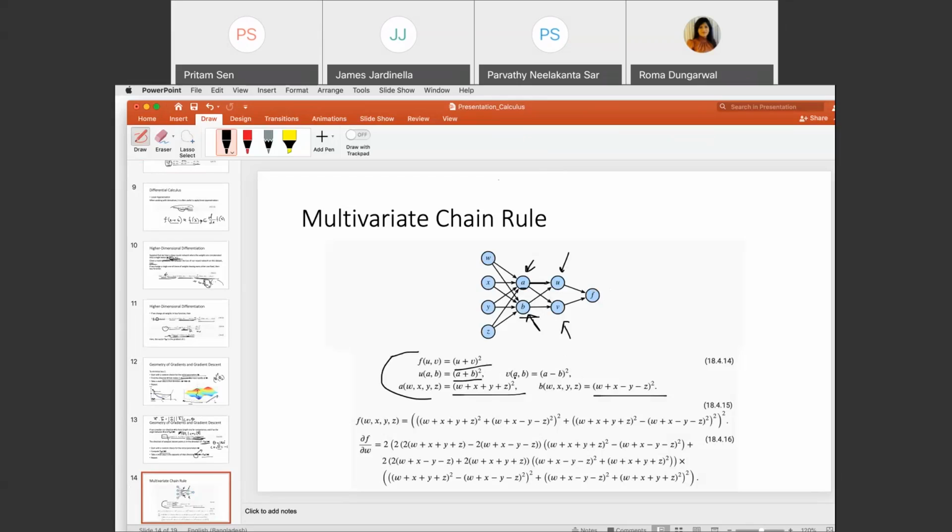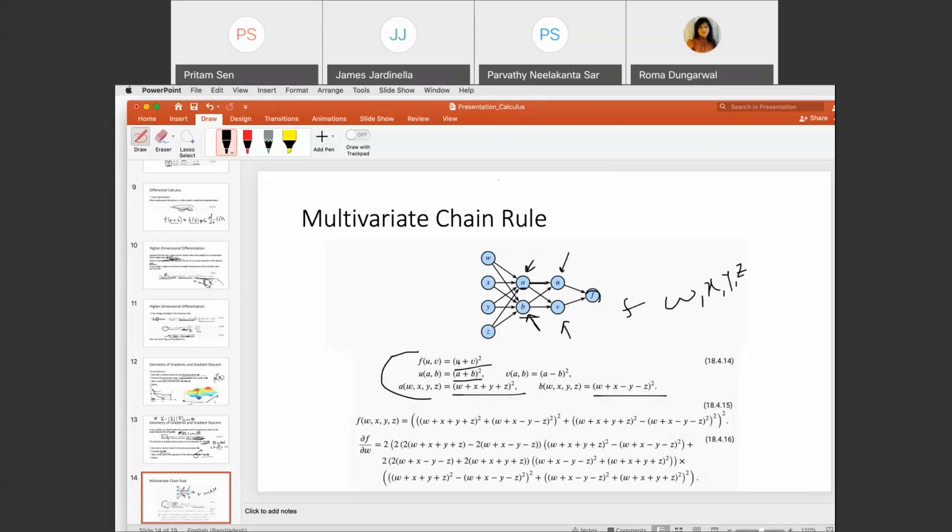So if there are many relations, and if we want to present f as a function of w, the inputs are w, x, y, z, and f will be a function of u and v.